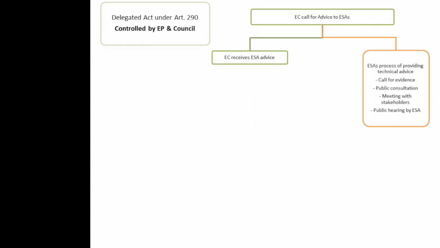So now we are going to talk in more detail about the delegated acts. How is it formed? After the delegation is granted to the Commission in the framework regulation, the Commission calls for advice from the ESAs, the European Supervisory Authorities. Then the ESAs prepare the technical advice for the Commission.